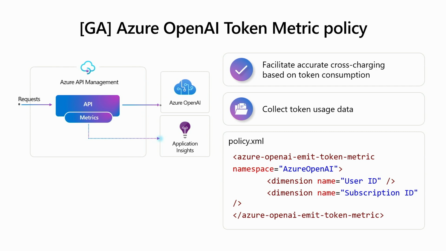So you can assign custom dimensions on all the activities that are happening through APIM, and this allows you to solve issues like, for example, being able to accurately cross-charge across applications for usage, or just to get insights around how the application is used, how the resources are used, so you can make decisions as you go forward.